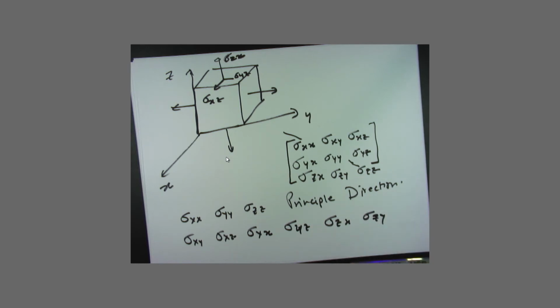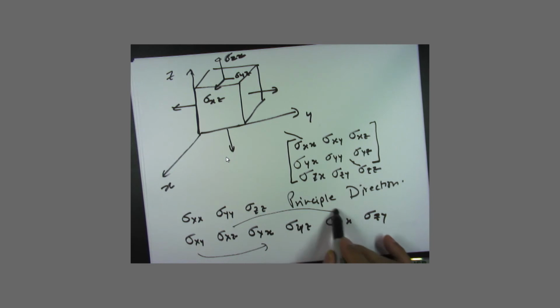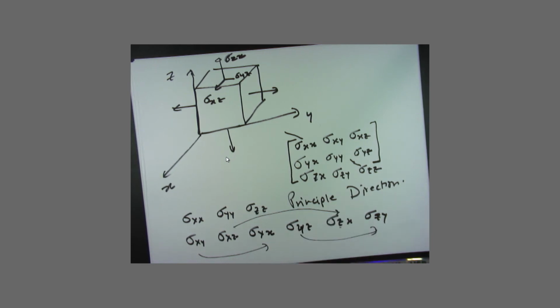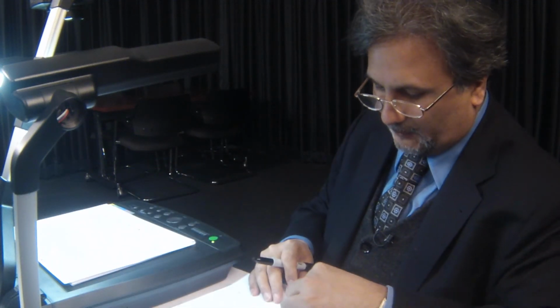So, sigma x y and sigma y x are connected, sigma x z and sigma z x are connected, they are the same, and so these 3 are connected. So, now you understand that these stresses can be manipulated depending on different kinds of crystal structure. Now, you can understand how the stress situation will happen.